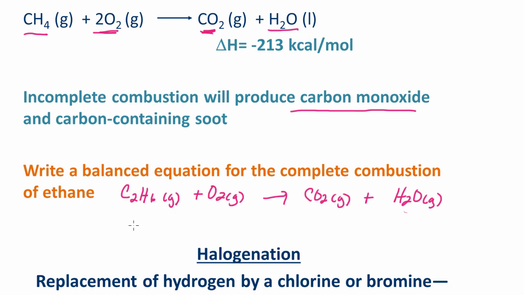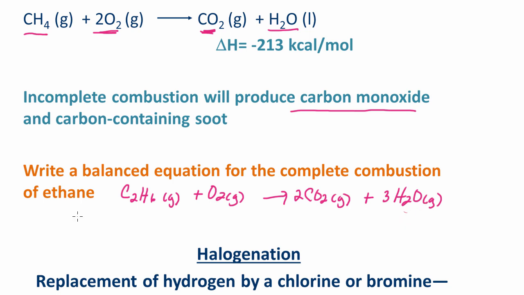So now we need to balance this equation. I have 2 carbons on this side. I'm going to go ahead and put a 2 here in front of the carbon dioxide. I always leave the oxygens until last in these types of reactions. Here I have 6 hydrogens, so I'll put a 3 in front of the water. So now for the oxygens, we have 2 oxygens here. Here we have 4 plus 3, that's 7 oxygens.